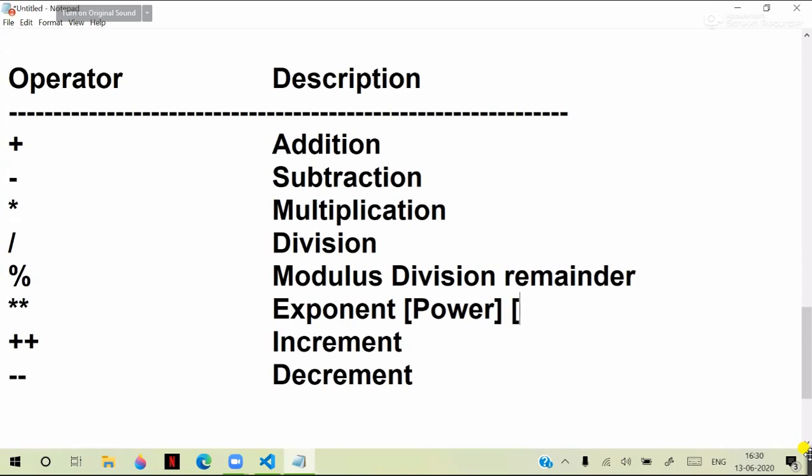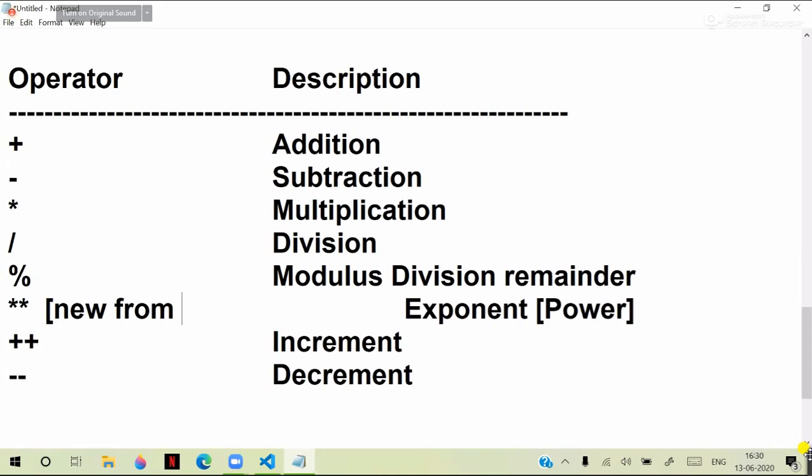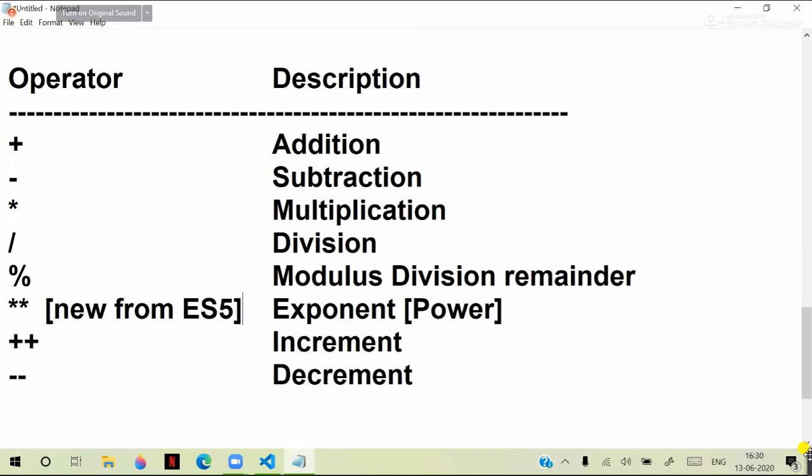This operator is new. This is new from ES5. From the ES5 version of JavaScript, we have a new operator, that is the double asterisk. That's the reason several old browsers can't understand this operator. The new version browsers can understand it. Old version browsers will translate it.